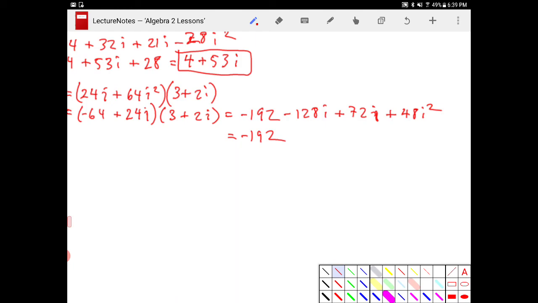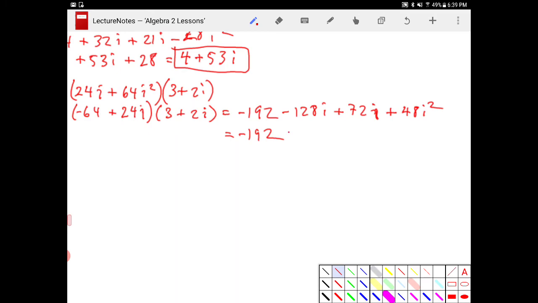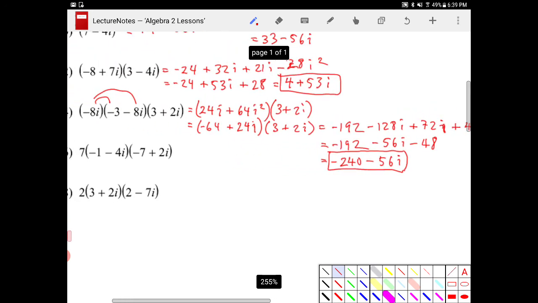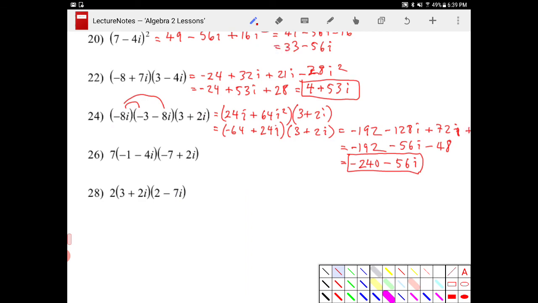What is that exactly? That is going to be minus 56i. And the last term becomes minus 48. Combining like terms, negative 192 and negative 48 will give me negative 240 minus 56i. That is the product of the three-term product.